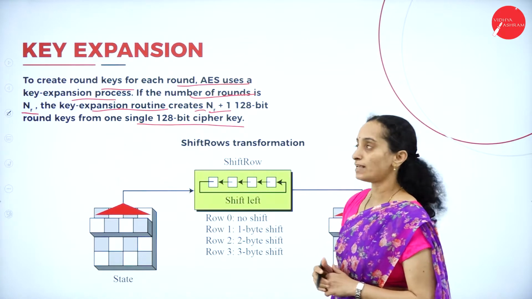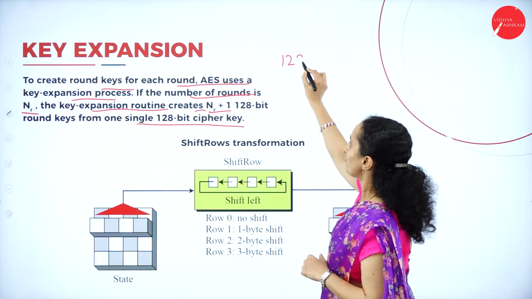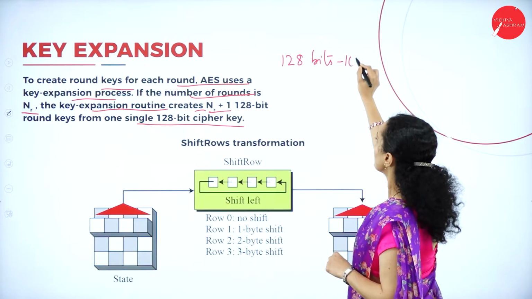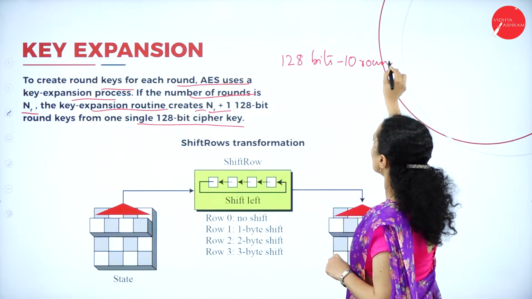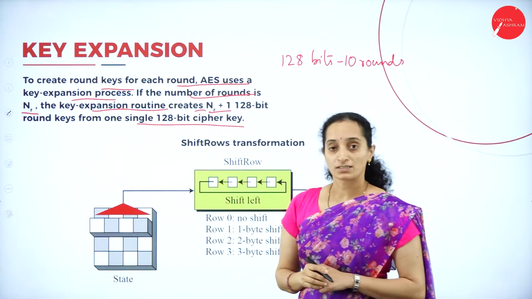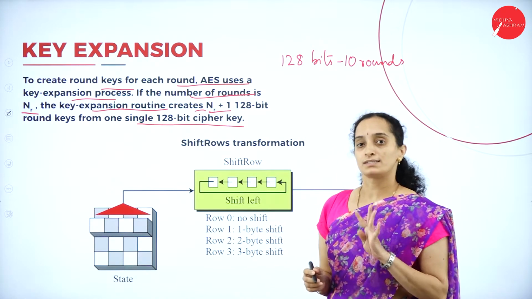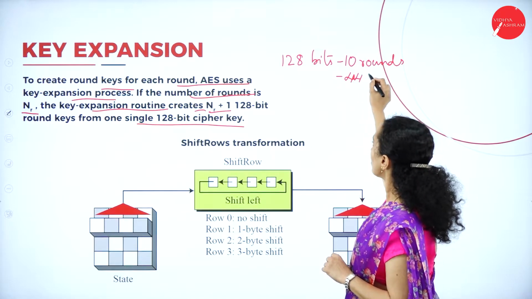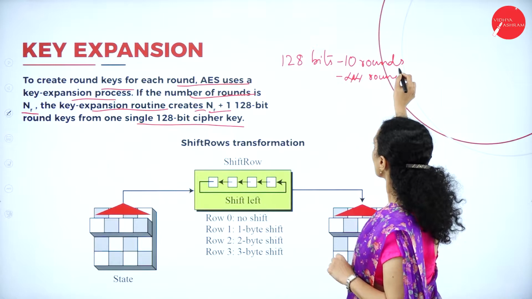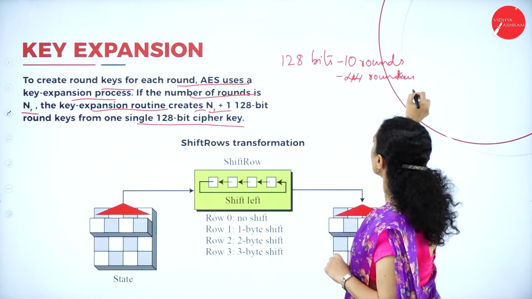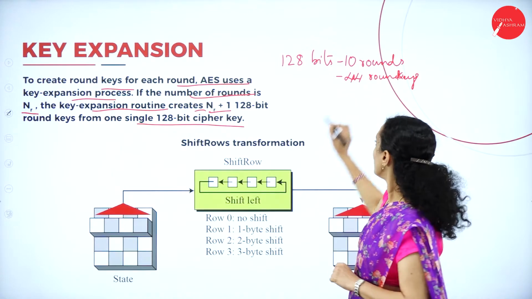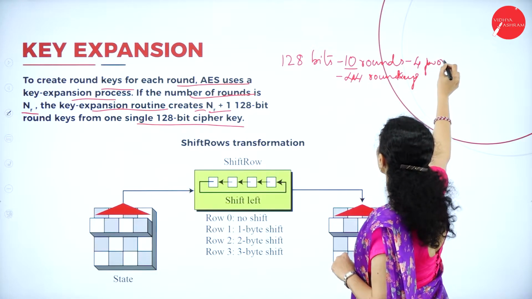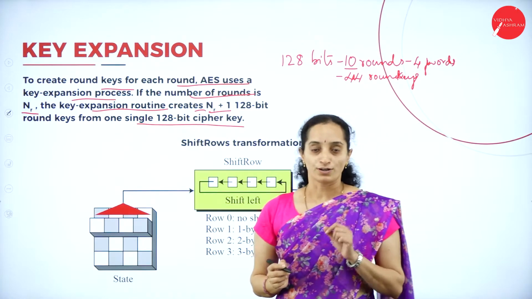128-bit cipher key. Suppose you have 128 bits, AES follows 10 rounds, 10 rounds with 4 words in each round. That means 44 round keys will be generated, because 10 rounds with 4 words will generate 40 words.